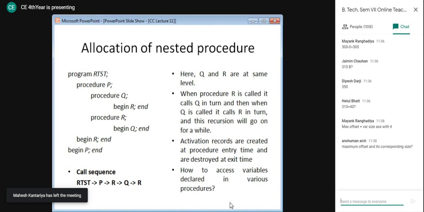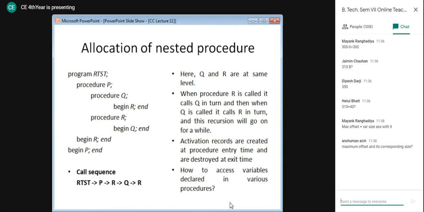Then after the definition for Q and R is over, we are making an invocation of procedure R from procedure P, and then we are making an invocation to procedure P from our main.